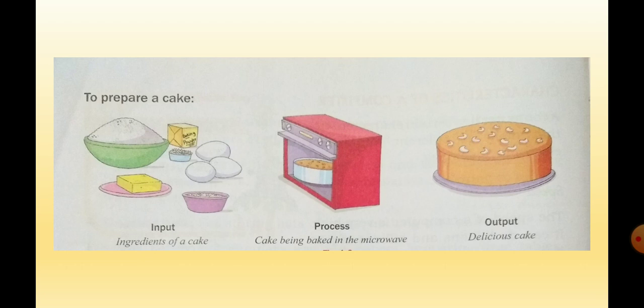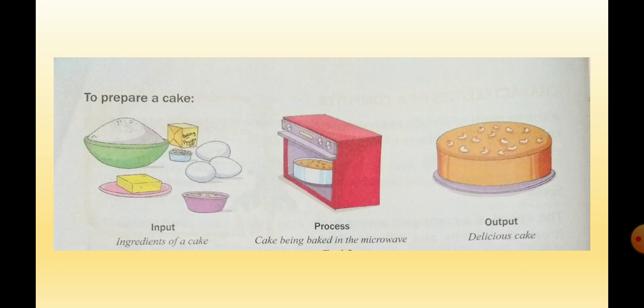Now we cannot bake a cake, isn't it? Now who can bake a cake? In this case, a microwave. Without that we cannot get the output. Cake cannot be made without a microwave. So we have given our input, that is we have done whatever we can do. We have put together all the ingredients, and now in order to process and bake a cake we require a microwave.